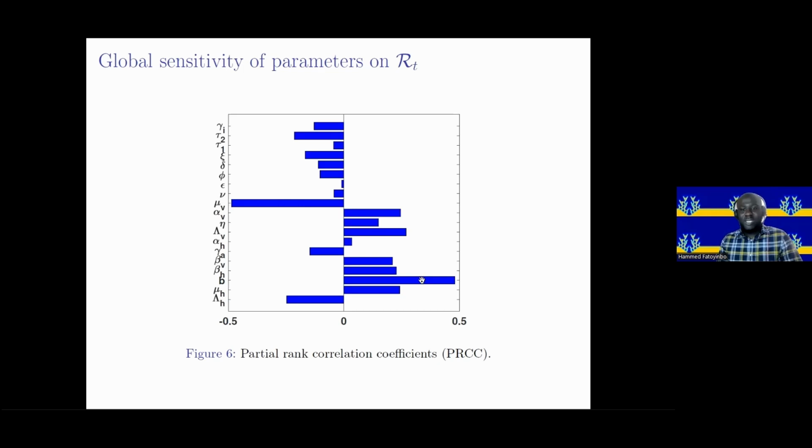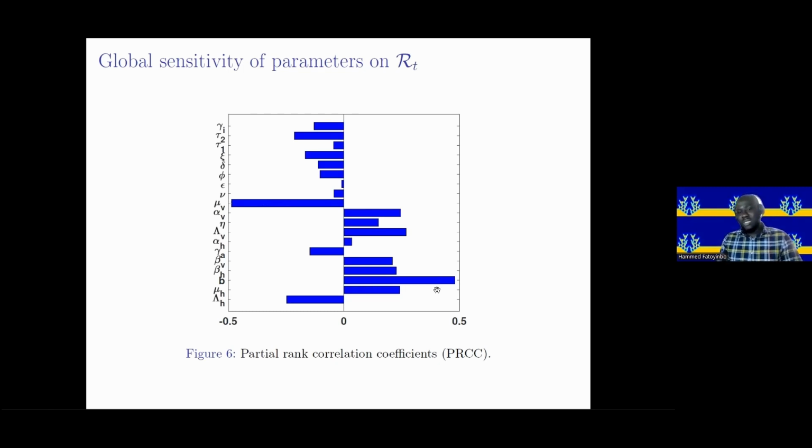This means that the biting rate of the mosquito and the death rate of the mosquito are more significant in our model. If the mosquito population is reduced, that reduces the spread of dengue in the population.